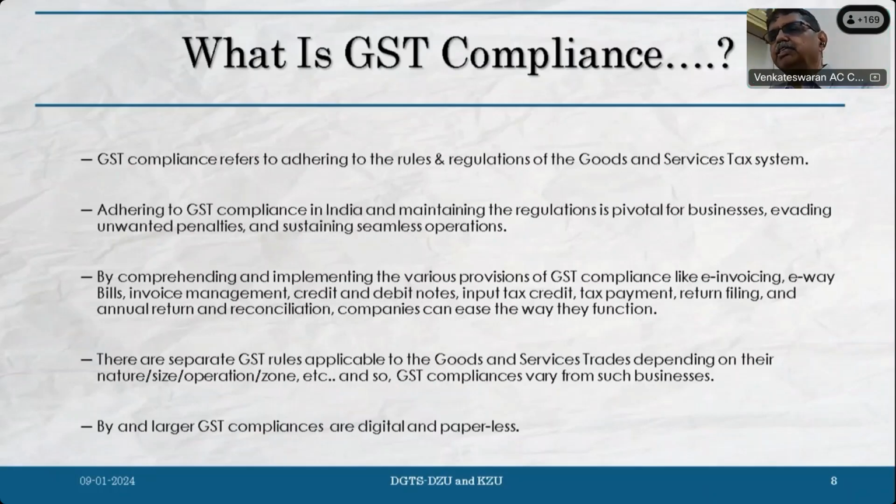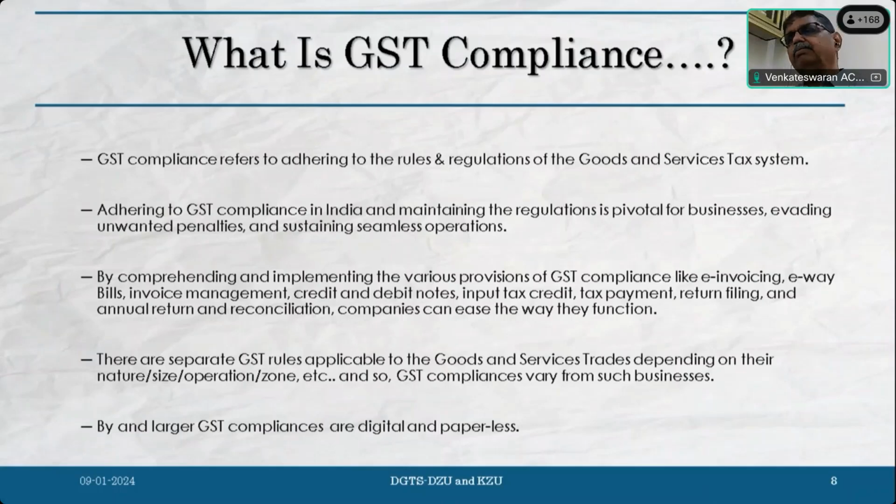There are separate GST rules applying for goods and services, depending upon the nature also. So today I have taken only the regular taxpayers. If you consider GST, we have different types of taxpayers. The largest number of taxpayers under GST are regular taxpayers. A smaller number are composition dealers, and we also have e-commerce operators and government TDS collectors.